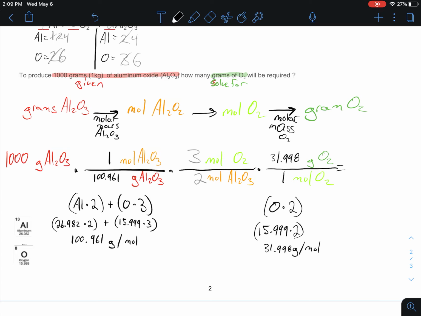All right, the condensed version would look like this. 1,000 times 1 times 3 times 31.998. In the denominator, it would look like 100.961 times 2 times 1. Oh, missing my 1.